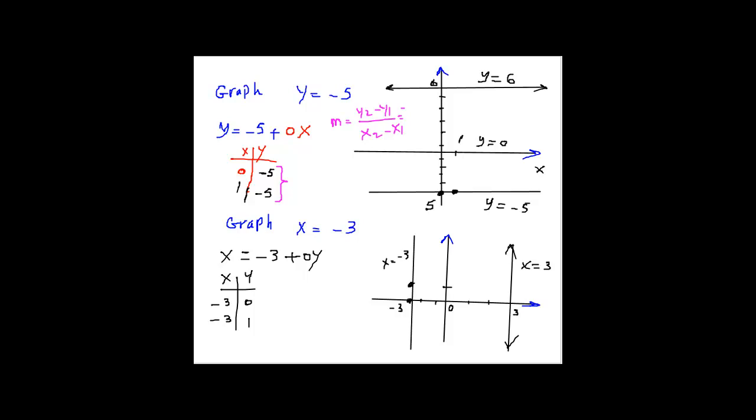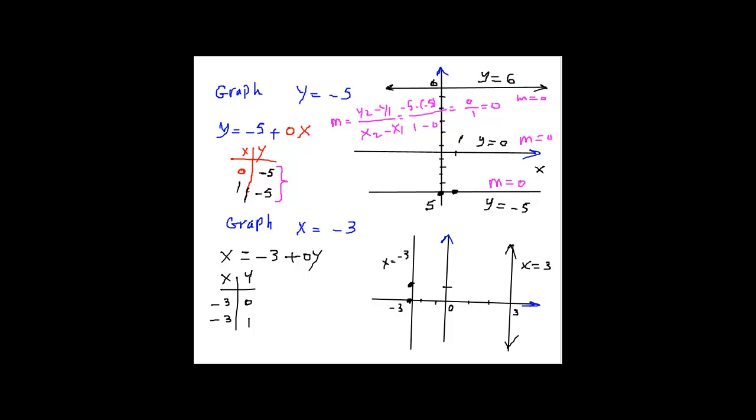It would be -5 minus -5, and the bottom would be 1 minus 0. So the top of the fraction would be 0 over a number, so it is 0. So the slope of all horizontal lines is equal to 0.